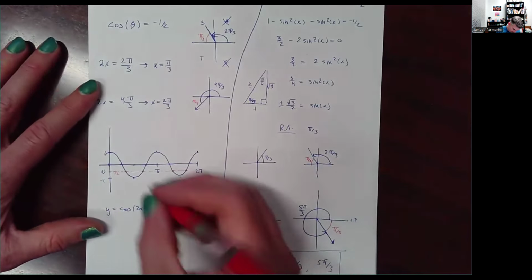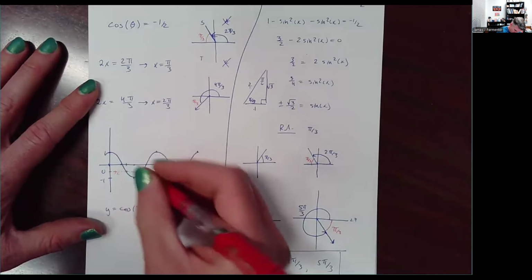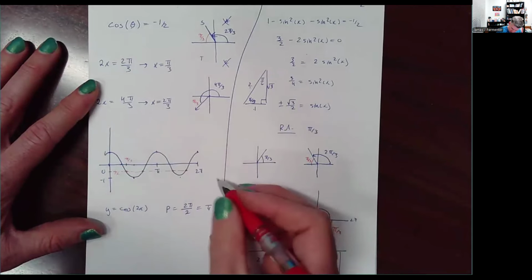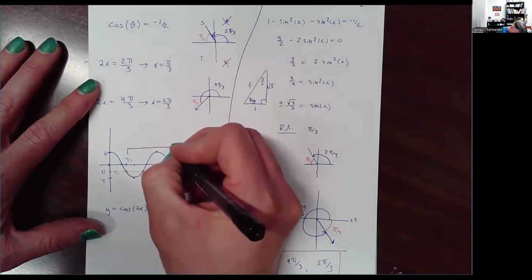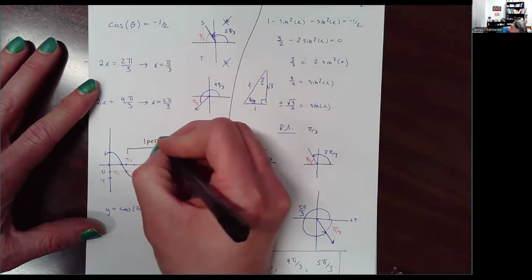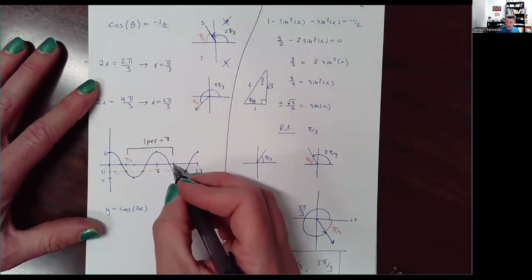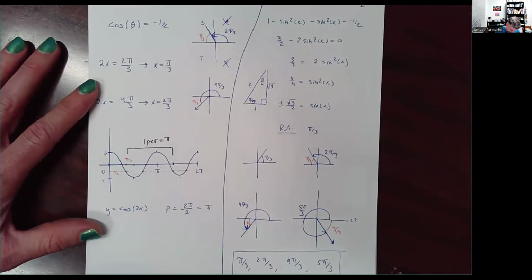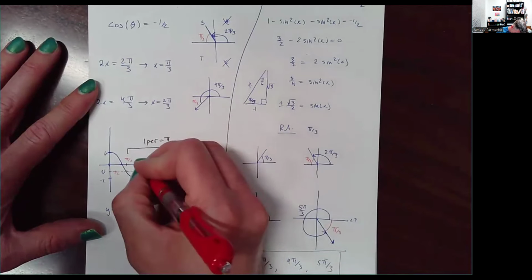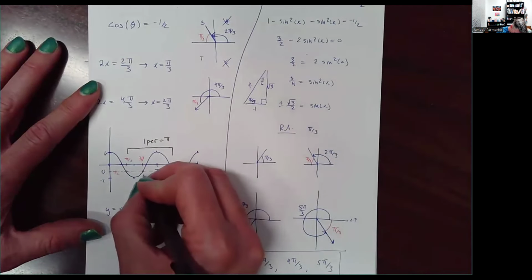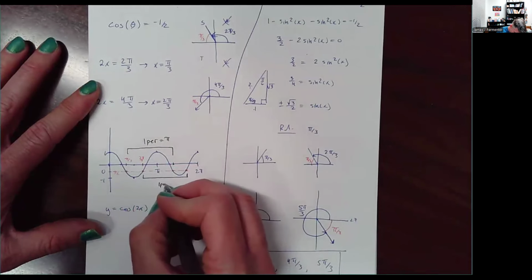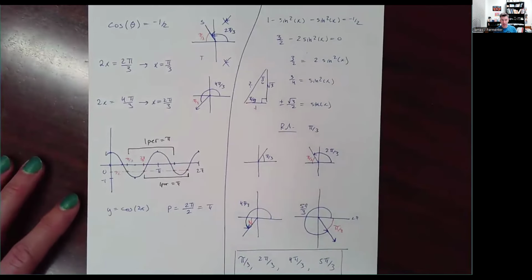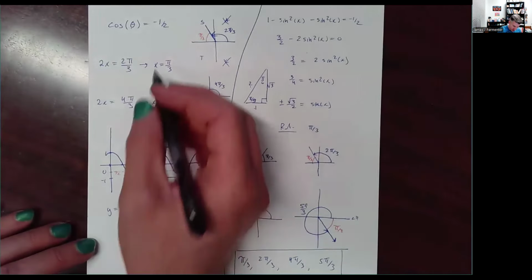Here's what I have to do. I have to take my first answer, which is occurring at pi over 3, and I have to add on a whole period, which is pi, to get another answer over there. Same deal here. This answer here, which is 2 pi over 3, I'm also going to add on a whole period to get that answer over there. And in this case, 1 period is pi. So I'm actually going to take my 2 original answers.